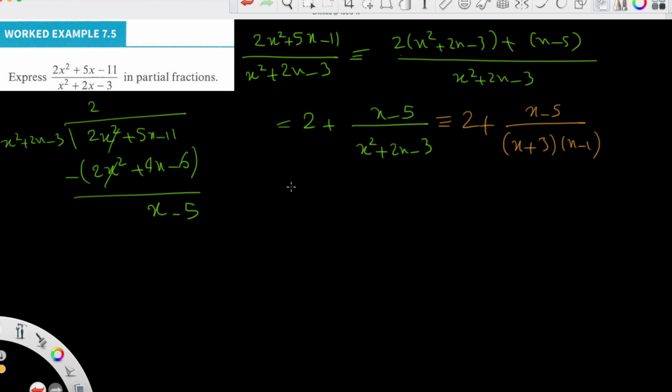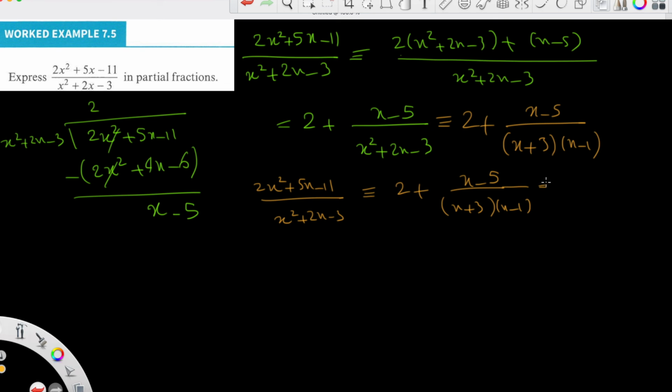So (2x² + 5x − 11)/(x² + 2x − 3) is equivalent to 2 plus (x − 5)/((x + 3)(x − 1)).